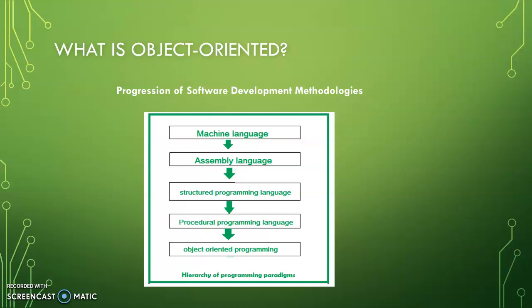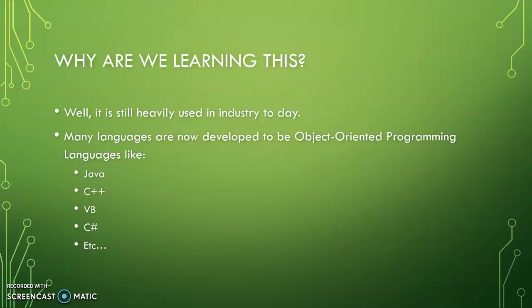The whole idea, though, is that businesses wanted to develop software as quickly and as cheaply, but as correctly as possible. So once again, we always try to find better ways of doing that, and that's where object-oriented came into play. Why are we doing it? It's used heavily in industry today because it is a method to ensure that we can maximize everybody's time and everybody's code that's already been written.